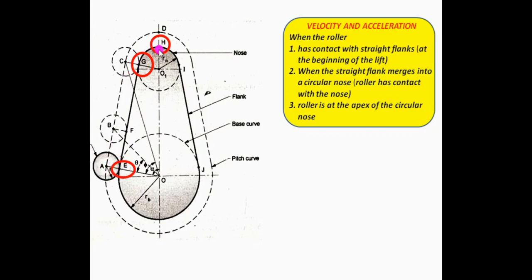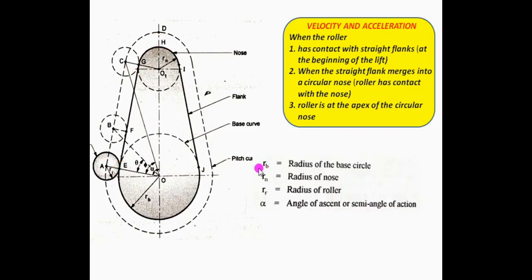In this video I am going to summarize the formulas, but I strongly advise you to go through the derivations in any book, so it will make you understand this concept more clearly. RB is the base circle radius, Rn is the nose radius, and Rr is the radius of the roller.